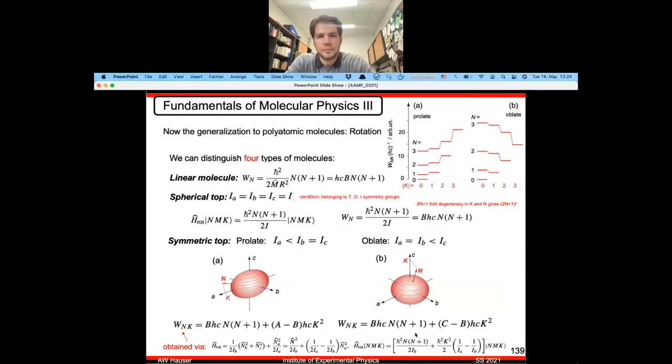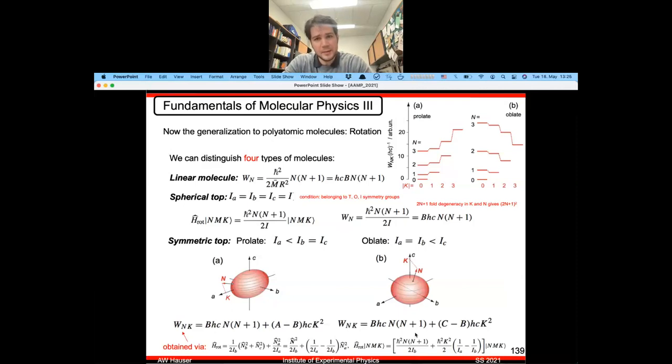Now, this means for polyatomic molecules, my rotational energy will depend not just on the actual angular momentum, but also on its projection onto some internal axis of the molecule, right?